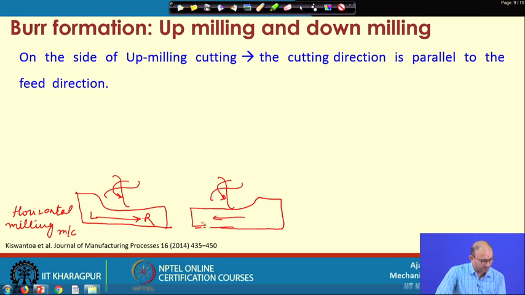So, this is the other diagram. Now, consider this cutter is going down, and then this is called down milling. And when the cutter is rotating in the anti-clockwise direction, but your workpiece is moving from right to left side, at that time this is called up milling.